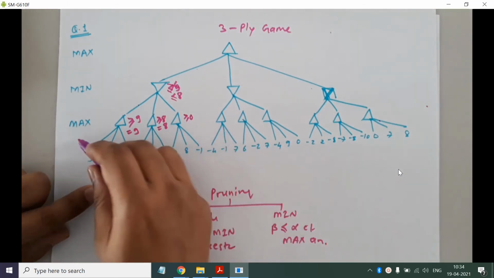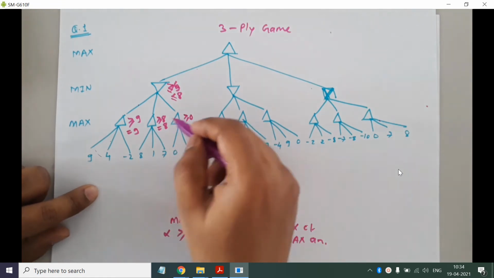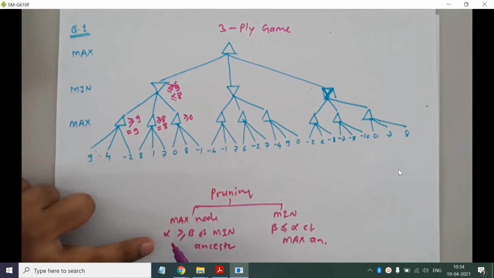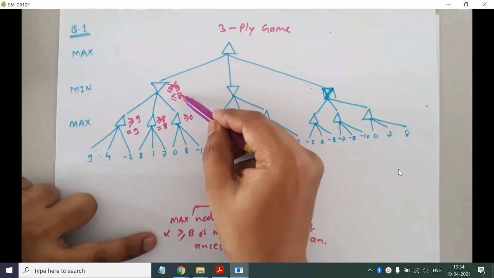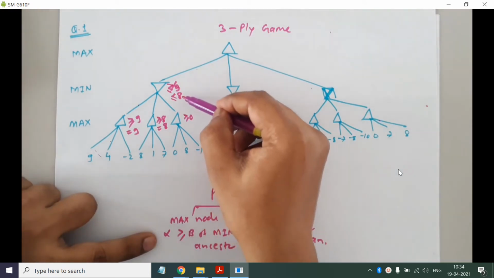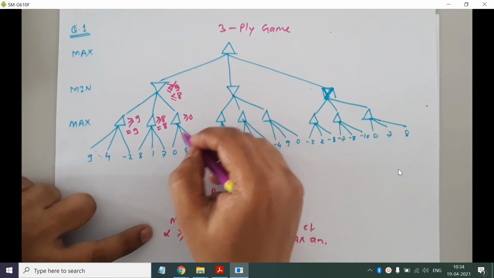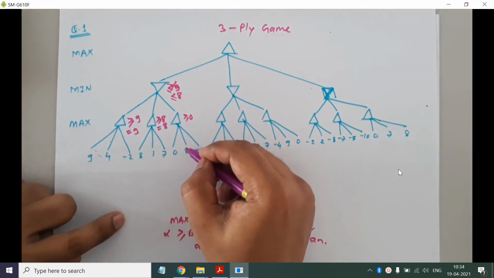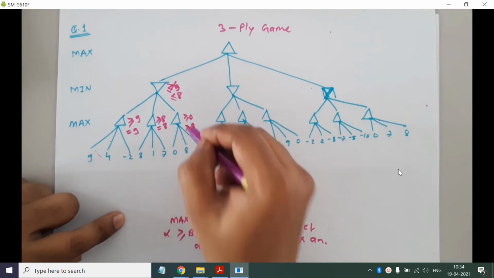Let us check whether pruning is possible here. 0 greater than 8, false, right? So pruning is not possible. Then max is expecting a higher value, so he is getting that, so it is 8 now.